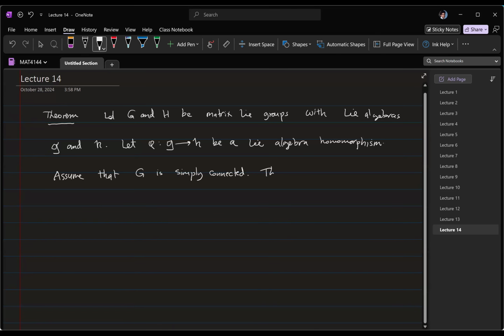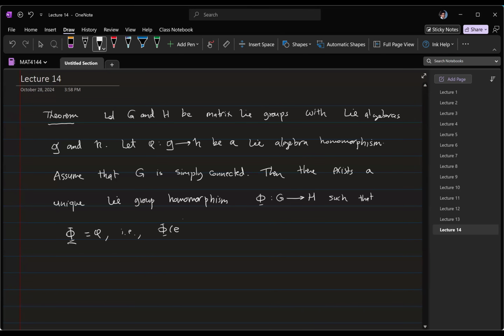So then there exists a unique Lie group homomorphism, capital phi from G to H, such that the derived Lie algebra homomorphism is phi. Or equivalently, capital phi of e to the x is e to the phi of x.